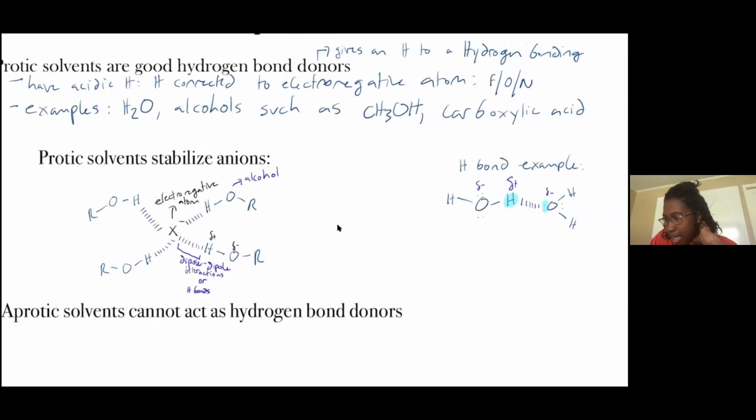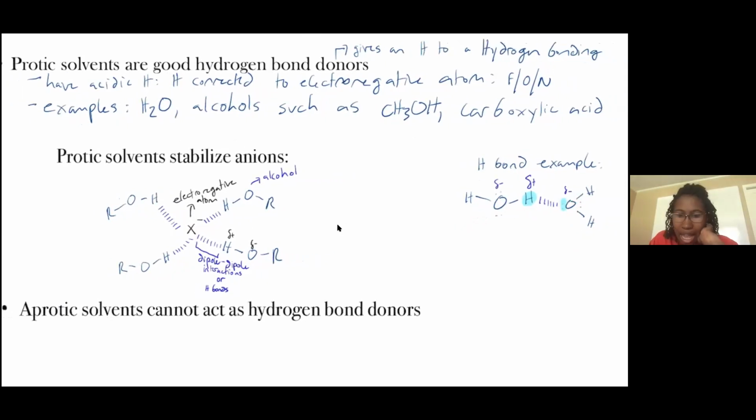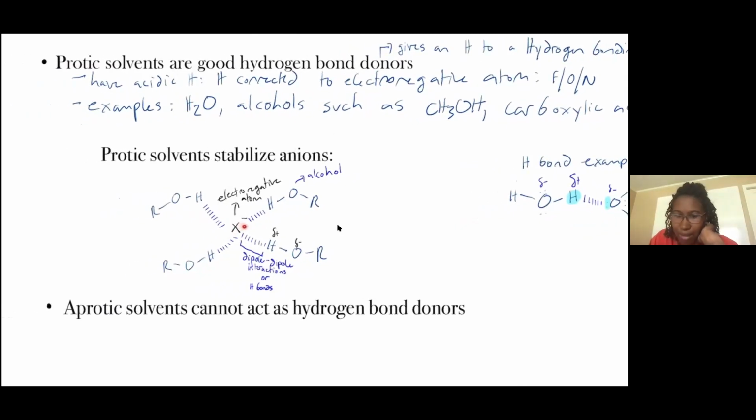However, suppose our electronegative atom is not F, O, or N, but another electronegative atom, such as a halogen. In this case, it would be a dipole-dipole interaction between the electronegative atom and the hydrogen. Either way, these interactions between the electronegative atom and the alcohol group stabilize this negatively charged atom.